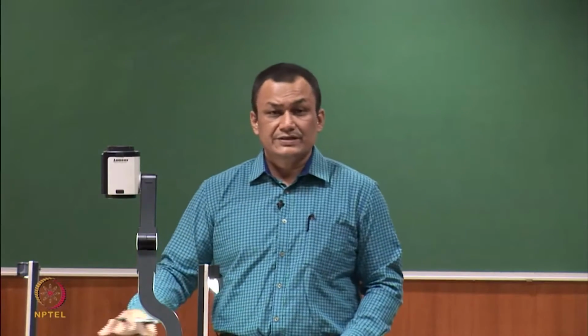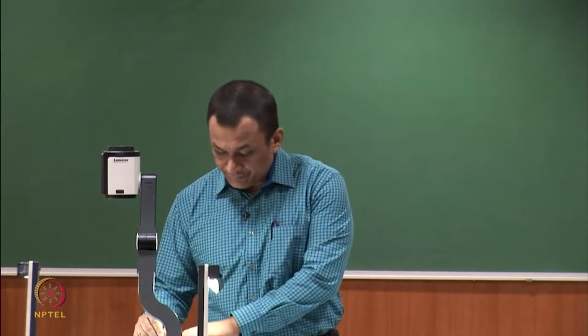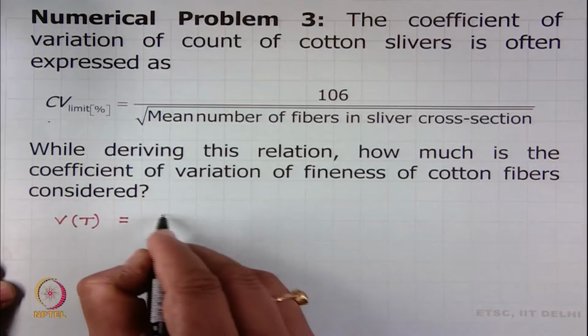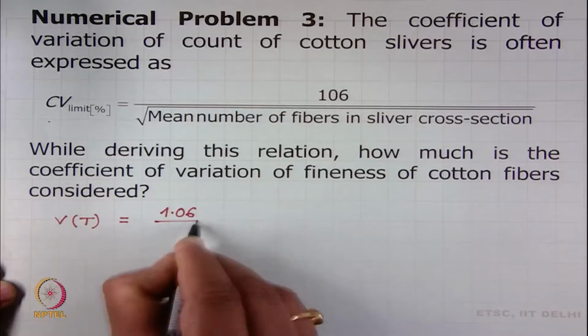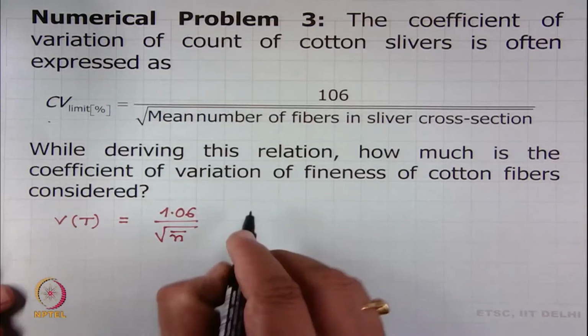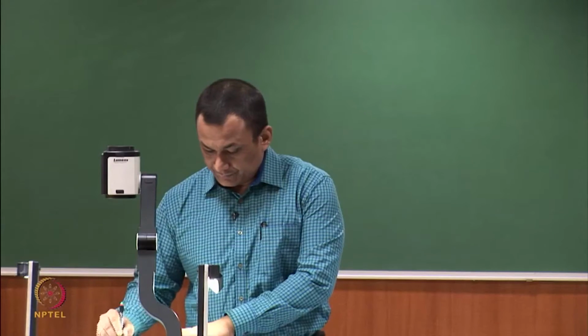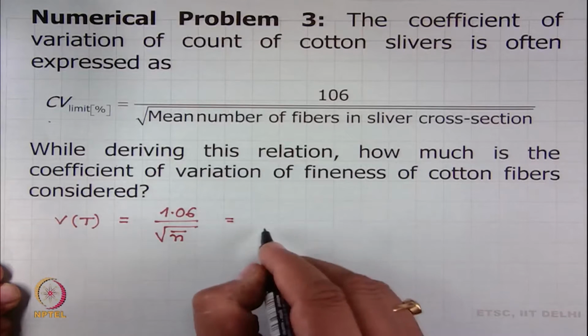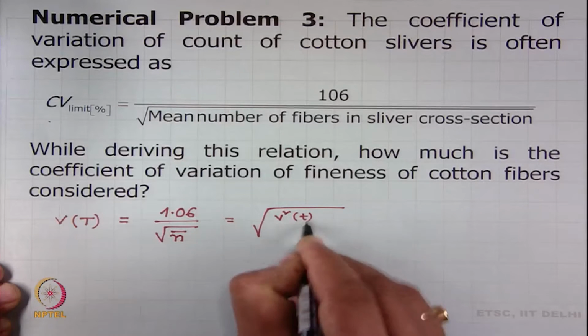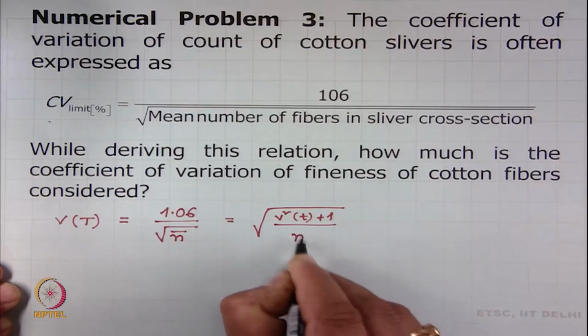So, we rewrite this expression in our symbols. V t is equal to 106 over root n bar, dimensionless, given. The formula used to calculate this was this.